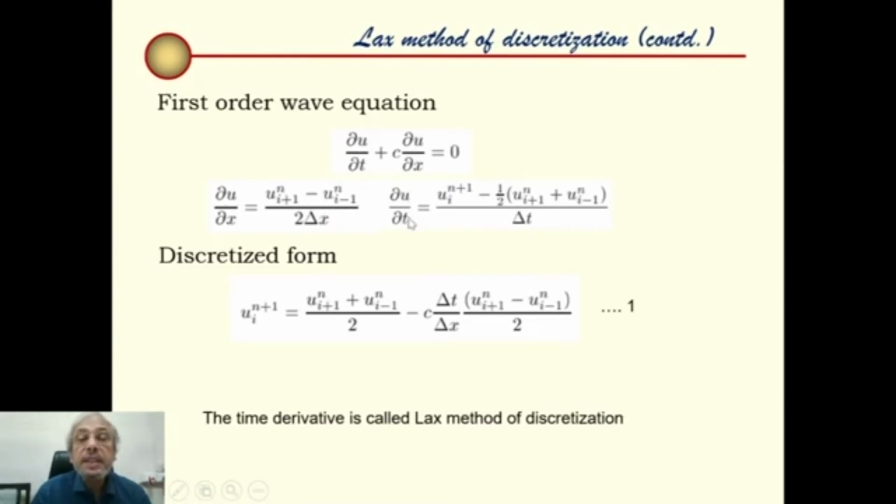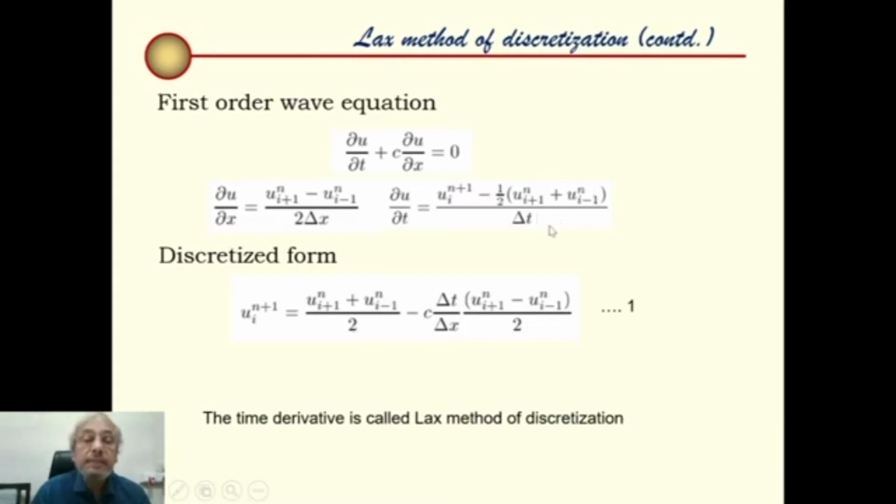Then ∂u/∂t can be expressed as (u_i^{n+1} − u_i^n)/Δt, where u_i at the nth level is taken as the average between the two neighboring points, i+1 and i−1, so (u_{i+1} + u_{i−1})/2 at the nth level.